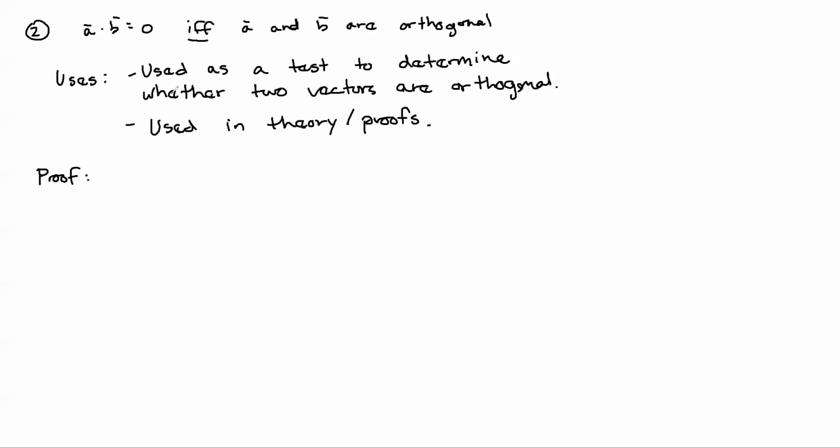Okay, so this could be written if A dot B equals 0, then A and B are orthogonal, or it could be written the other way, which I'll actually write down in a second. So when you see the IFF like that, it means that the implication goes both ways. It's also referred to as equivalency. So it means that this is equivalent to this.